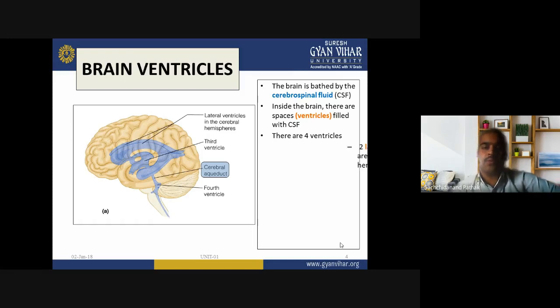Now there are four ventricles: two lateral ventricles that are in the cerebral hemispheres. So you can see the lateral ventricles in the cerebral hemisphere.